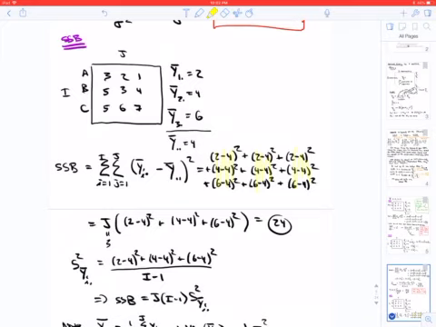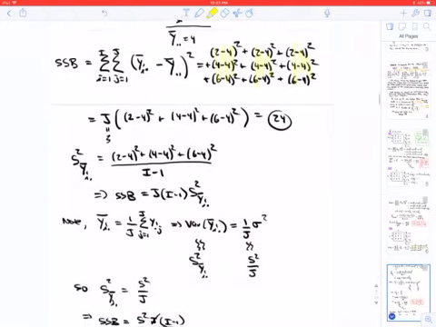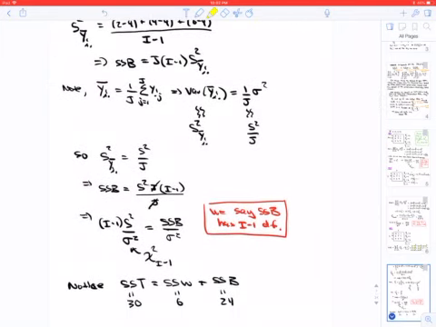And then for the second element, 2 here, we would also write 2 minus 6 quantity squared, 2 minus 4 quantity squared, and so on. So we see that the sum of squares between is 24, and some calculations then lead us to show that SSB has I minus 1 degrees of freedom.